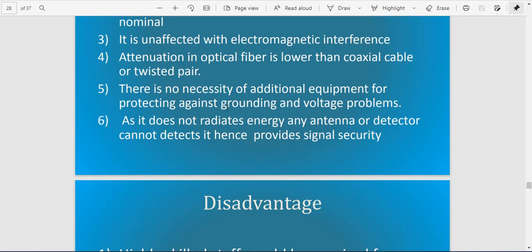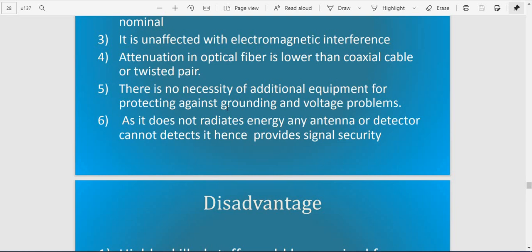If you want to use a refrigerator or a television, we put a stabilizer, right? So that the equipment does not get damaged. Whereas in optical fibers, we do not need any additional equipment if there is a problem with voltage or grounding.